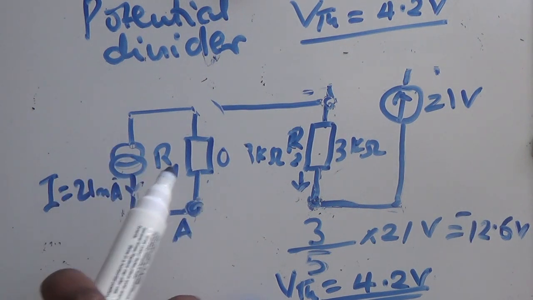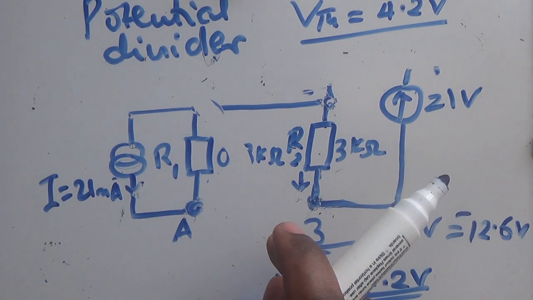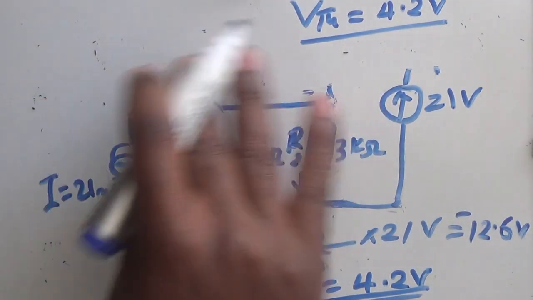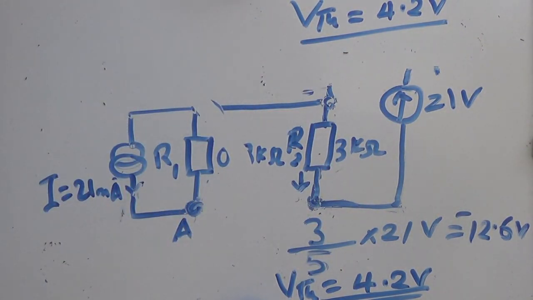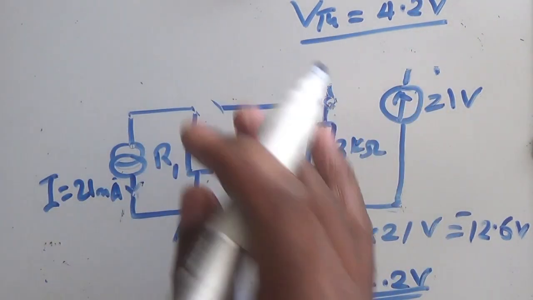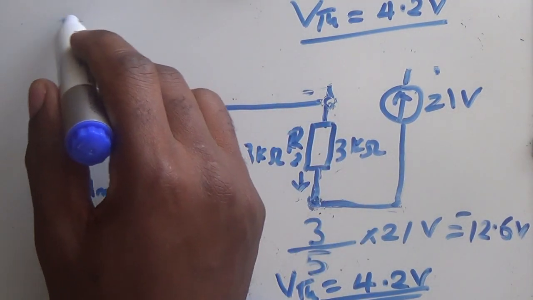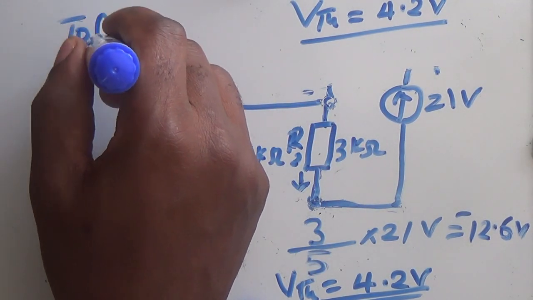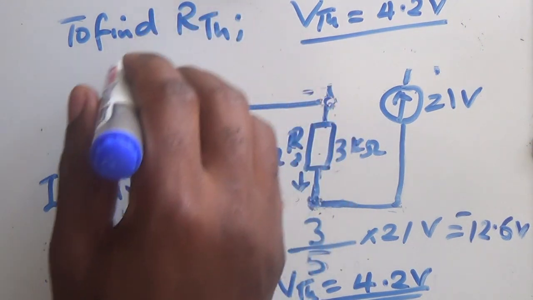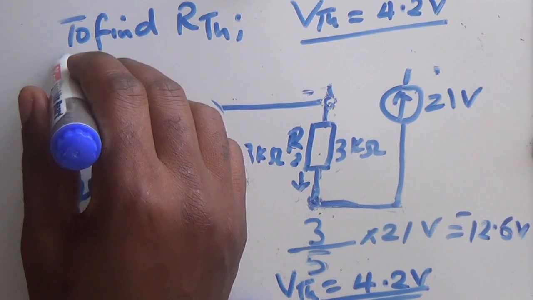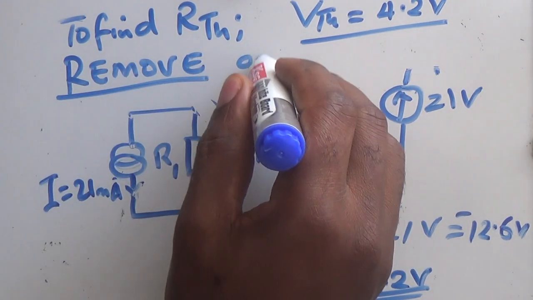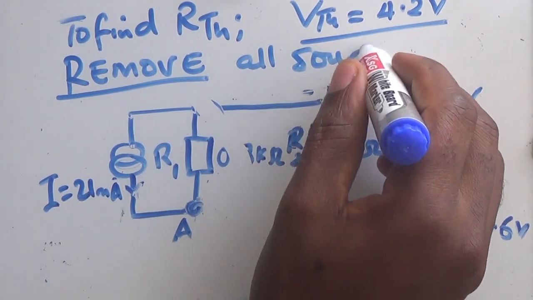So what do we do to find the resistance? To find RTH, this is the key thing that we need to know. To find Thevenin's resistance, the key word is remove all sources.